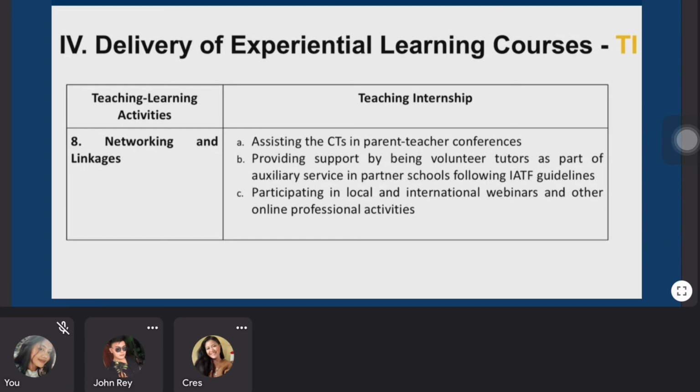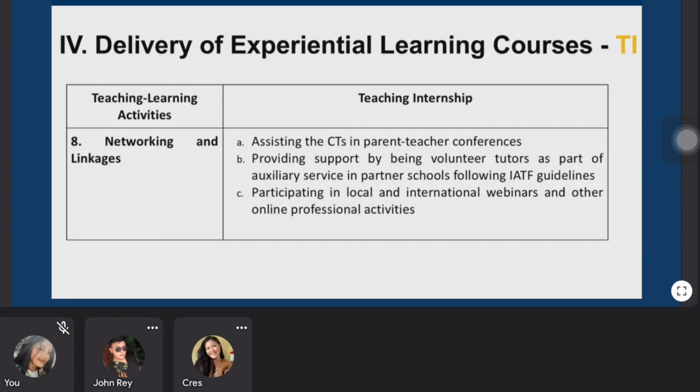And the third, lastly, is participating in local and international webinars and other online professional activities. So what we need to do is join, together with our cooperating teacher, any kind of webinars.